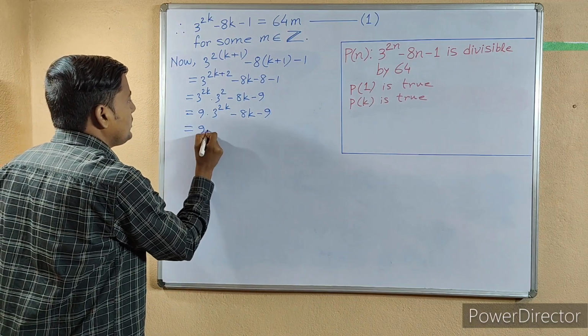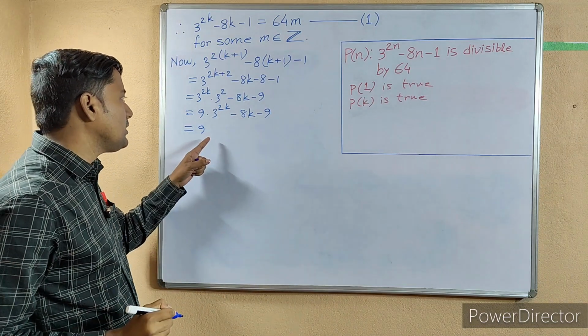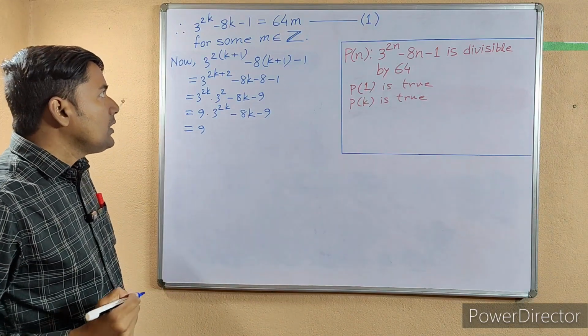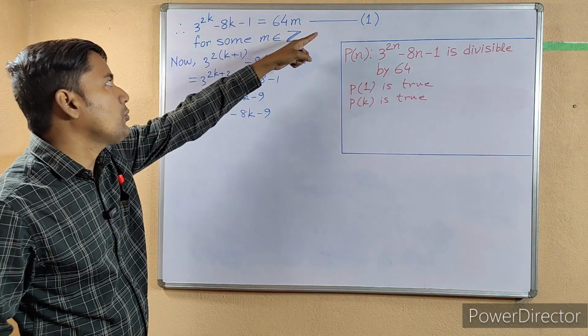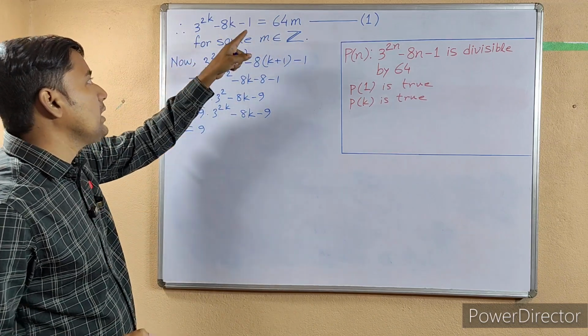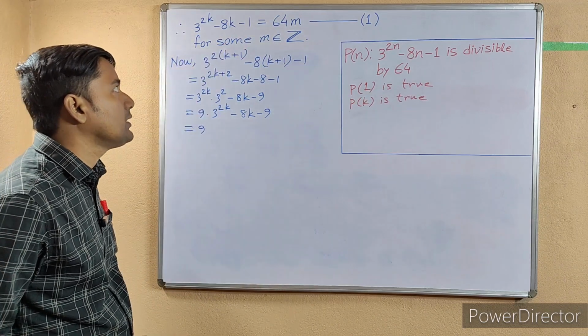What can we write here in the place of 3 to the power 2k? Notice that from 1 we have 3 to the power 2k equal to 64m plus 8k plus 1.